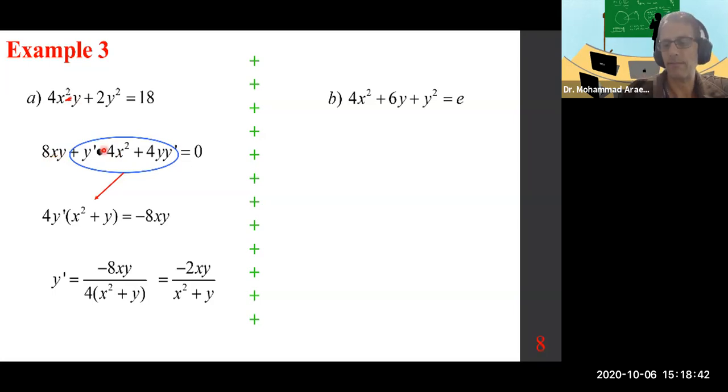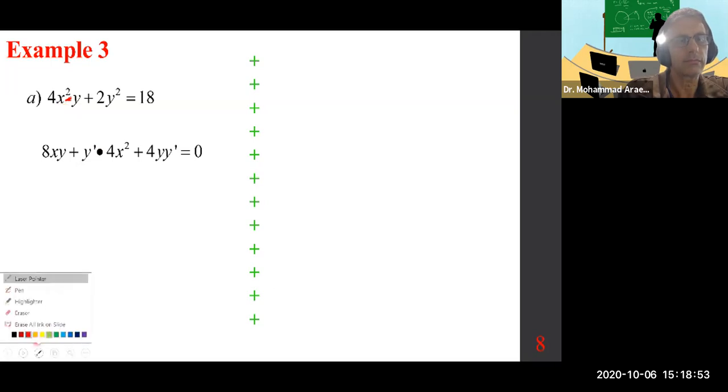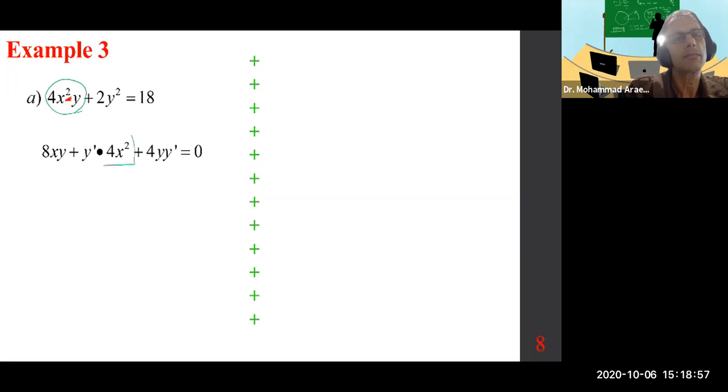In fact, do you see that 4x squared y gives us this? Do you see that? So one more time. 4x squared times y. 4x squared gives us 8x times y by the product rule.